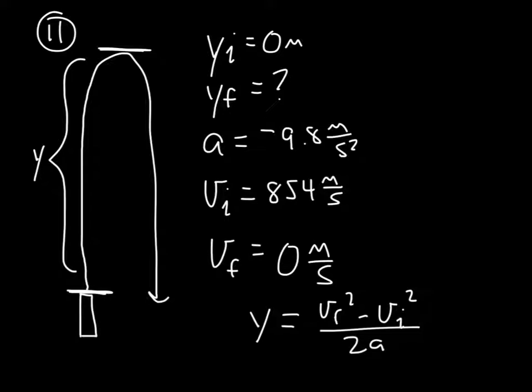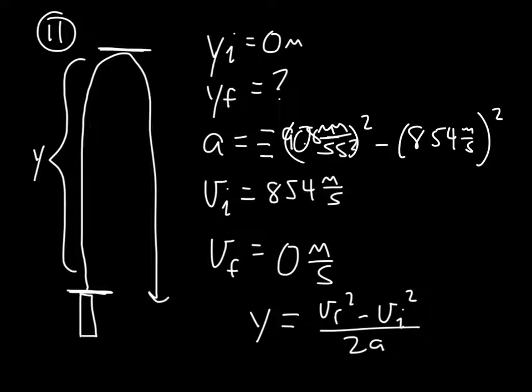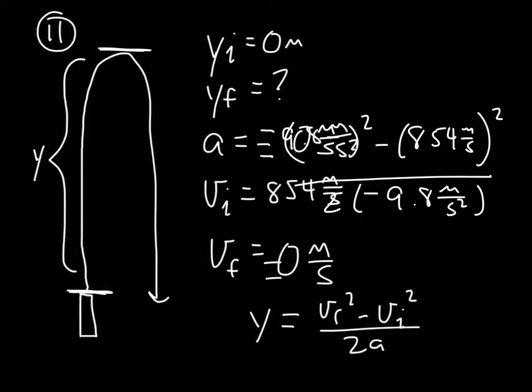Let me move all this up a little bit. So it's equal to 0 meters per second squared minus 854 meters per second squared all over 2 times negative 9.8 meters per second squared is equal to 37,210 meters.